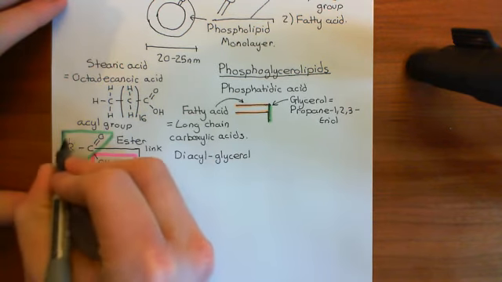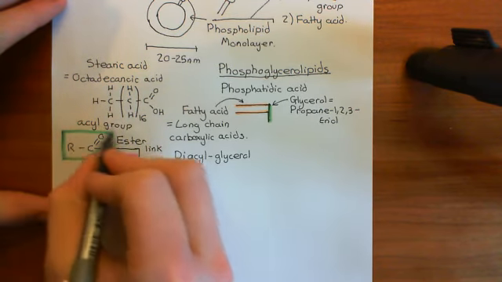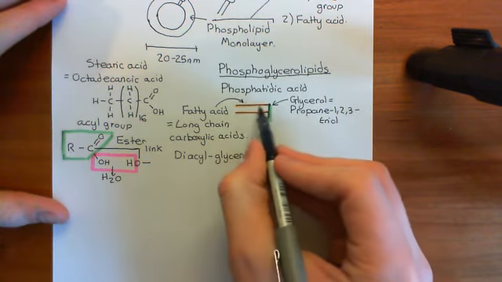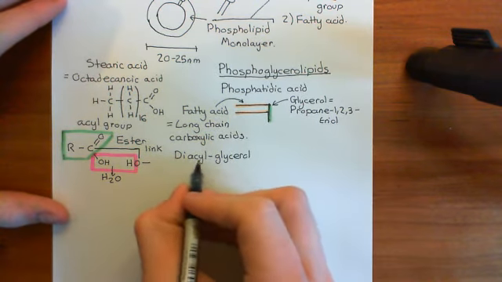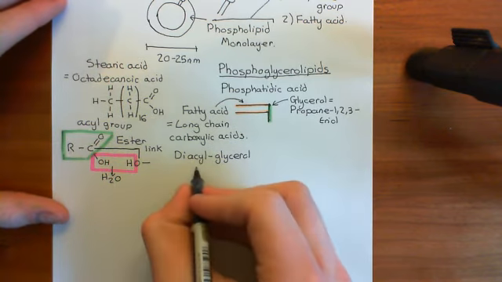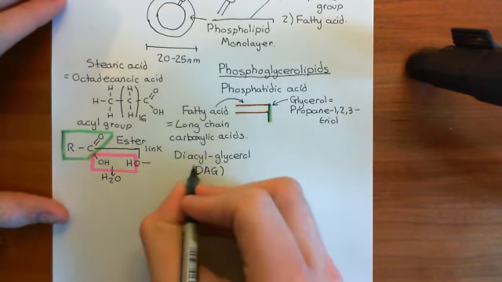So it's a general term for any sort of group like this. It doesn't matter what the R group is there, it's called an acyl group. So we have actually attached two acyl groups onto glycerol, hence di for two, acyl for the acyl groups, and then glycerol. And diacyl glycerols are often abbreviated to DAG for short.